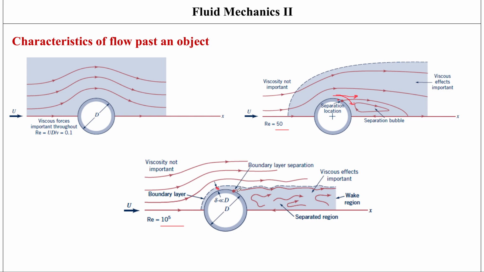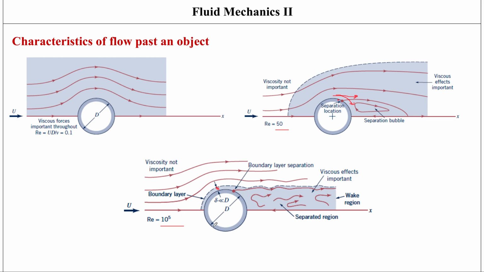But the velocity gradients are much larger in the boundary layer, and we talked about this when we were looking at the flat plate. And then the boundary layer and the wake regions are a lot larger in the flow field over here. So when viscous effects are important, that means the shear stress is important as well. And the viscous effects are basically confined to the boundary layer and the wake regions.